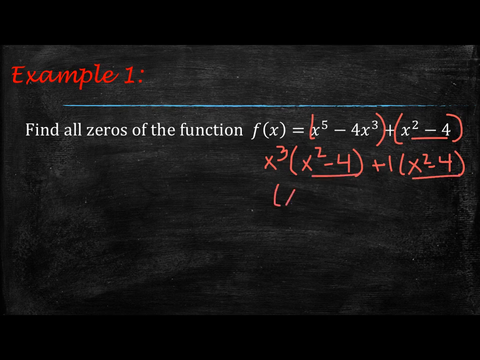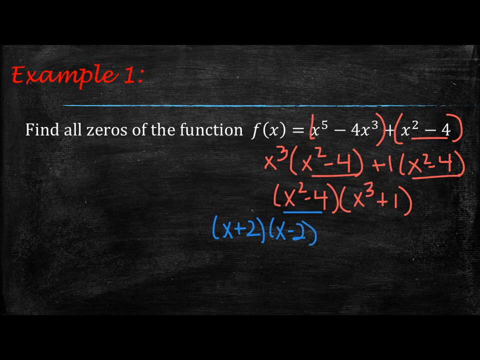So that'll be my first factor, and then the outsides come together as the second factor. Now, one thing I notice here is that this is a difference of squares, which is going to factor as x plus 2 times x minus 2.